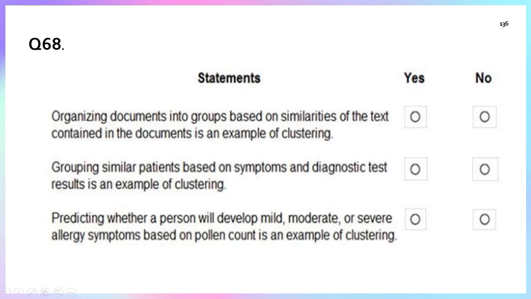Question number 68. This is a statement based question. Statement one: organizing documents into groups based on the similarity of the text contained in the document is an example of clustering. Yes, group based decisions are taken by clustering, right? So statement one is true. Statement two: grouping similar patients based on symptoms and diagnostic test results is an example of clustering.